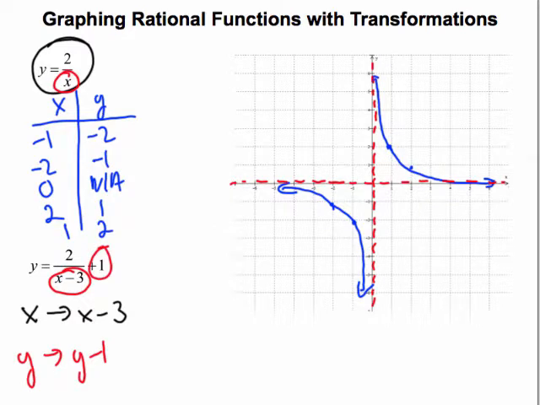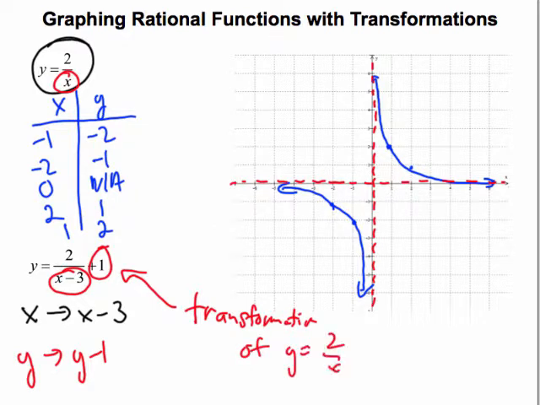In other words, this graph is a transformation of 2 over x, a translation 3 units horizontally, and 1 unit upwards.